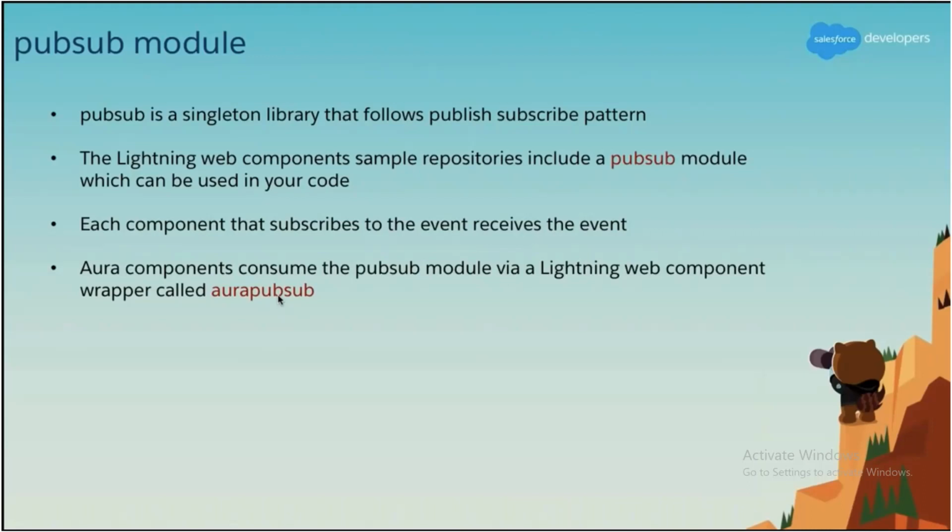Then each component that subscribes to the event can also receive the event. And Aura components consume the PubSub module via a Lightning Web Component wrapper called Aura PubSub. So these are the concepts which we will discuss in detail with respect to the PubSub module.